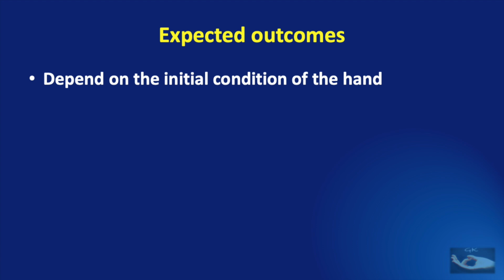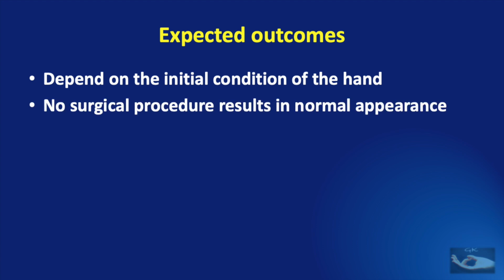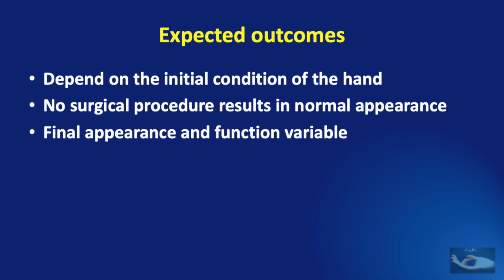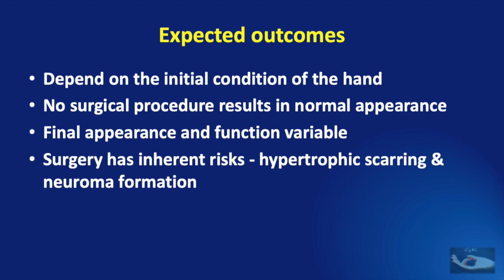The expected outcomes after surgery for macrodactyly reduction depend on the initial condition of the hand. No surgical procedure results in what is expected to be a normal appearance. The final appearance and function are variable, and surgery also has its inherent risks: hypertrophic scarring and neuroma formation.